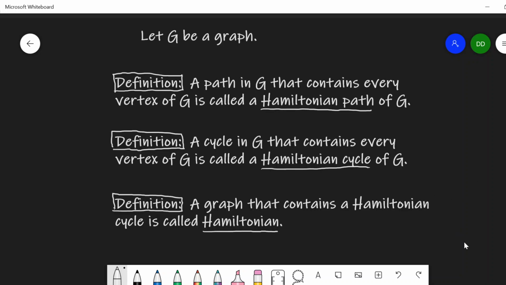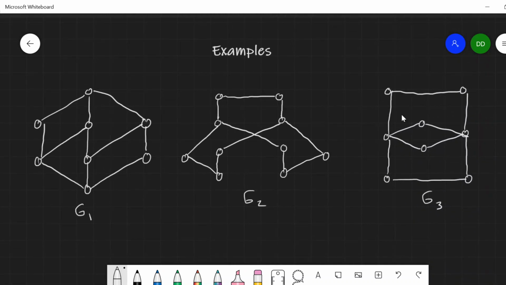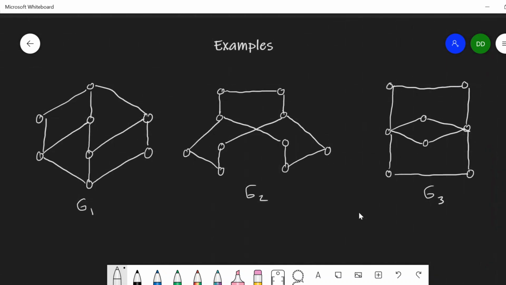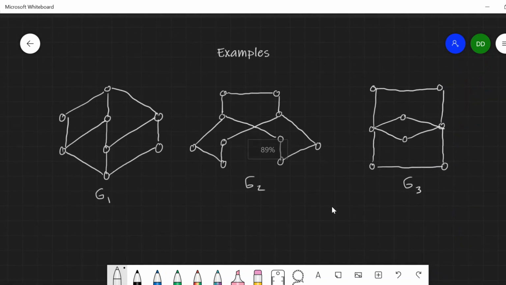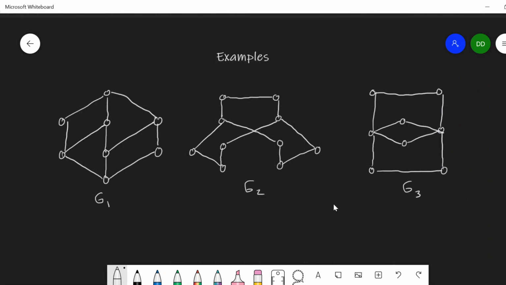So let's take a look at a couple examples. Here I have 3 graphs, G1, G2, and G3. And I'd like to determine whether these graphs have these Hamiltonian properties, right? Is there a Hamiltonian path? Is there a Hamiltonian cycle? Is there neither? So let's take a look at G1 here. If you want, you can pause the video here and piece this out for yourselves, which of these graphs have any of the properties above. Let's see, with G1, can I find a cycle that goes through every vertex exactly once?